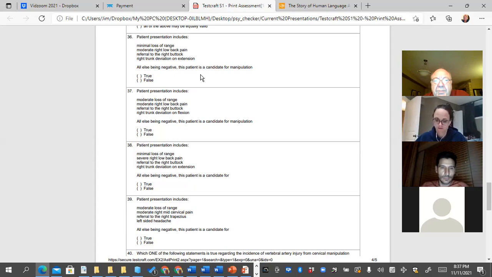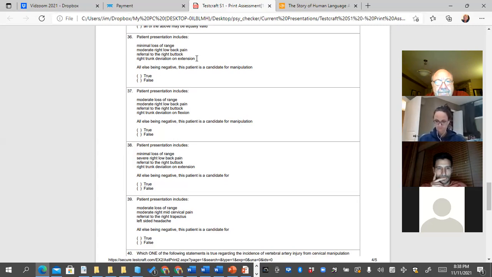There can be. The amount of range loss is determined by the amount of pain you're suffering in almost every instance. Tolu, what do you think? False. Why?